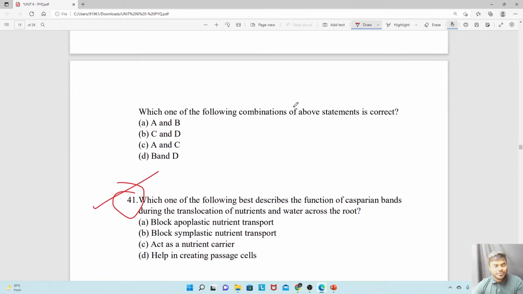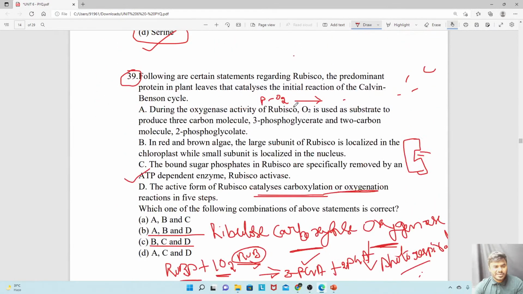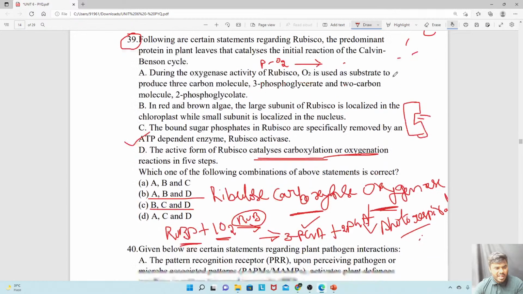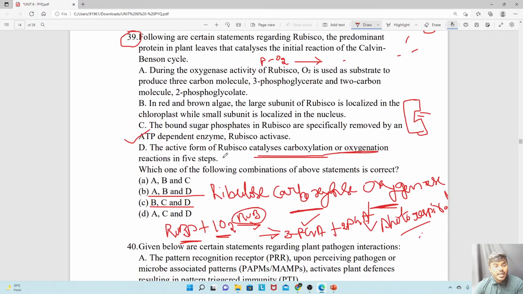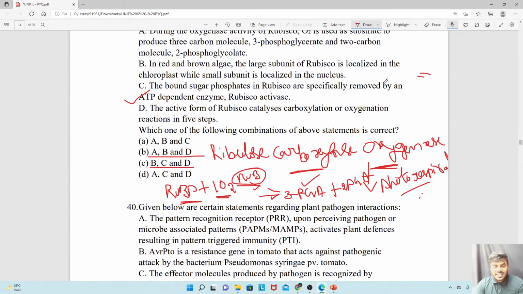Where did I say 5 steps, dear? First of all, tell me. The active form of Rubisco catalyzes carboxylase or oxygenase reaction in 5 steps. Okay, this one you are talking about. See, 5 steps in the sense, look into this. Once we get 1 3-PGA, we will get another 2-phosphoglycolate.